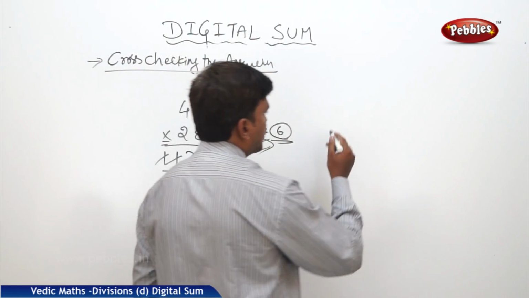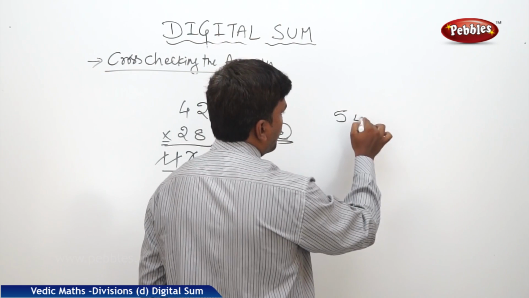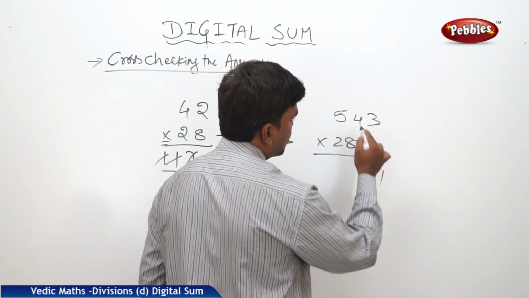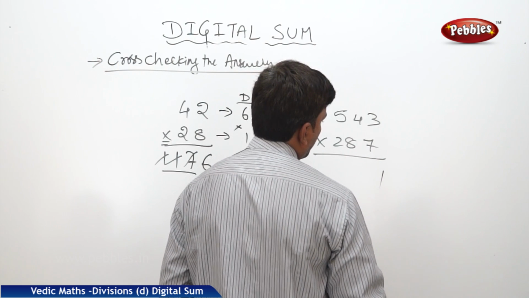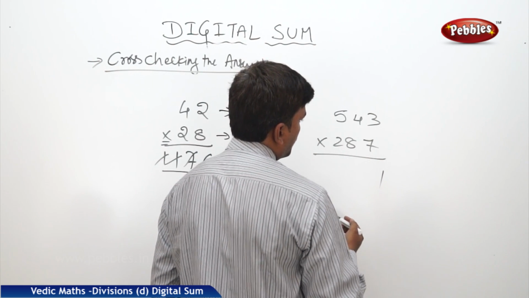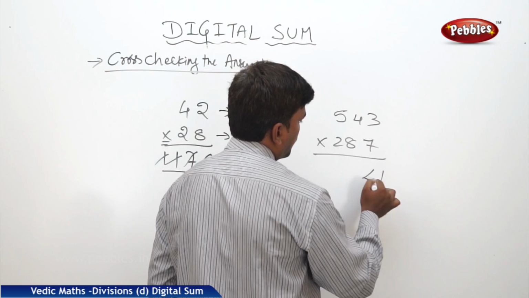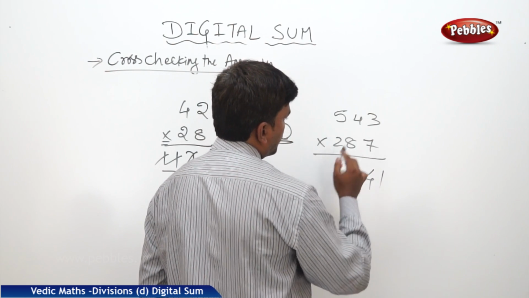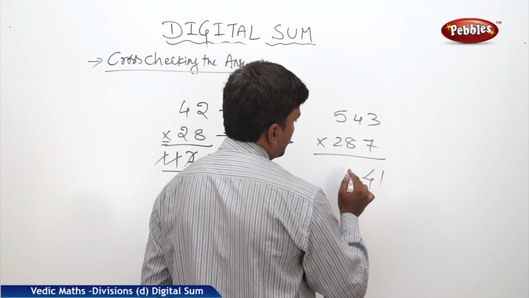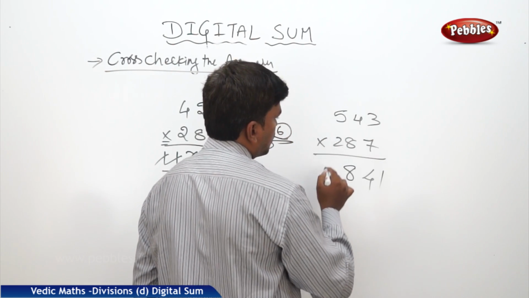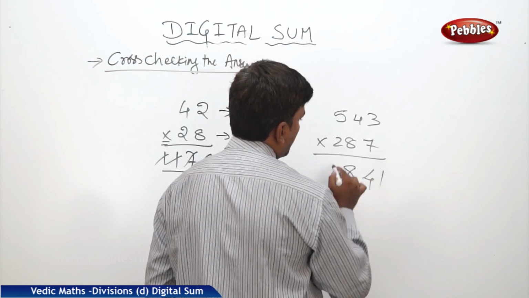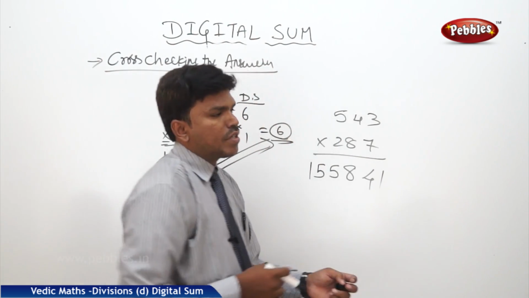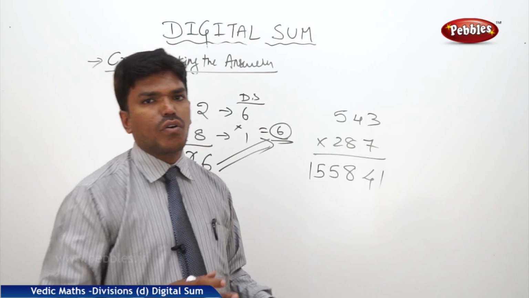Let us take an example. 543 into 287. I want to multiply this one. Right, so 543 into 287, I got this much answer.